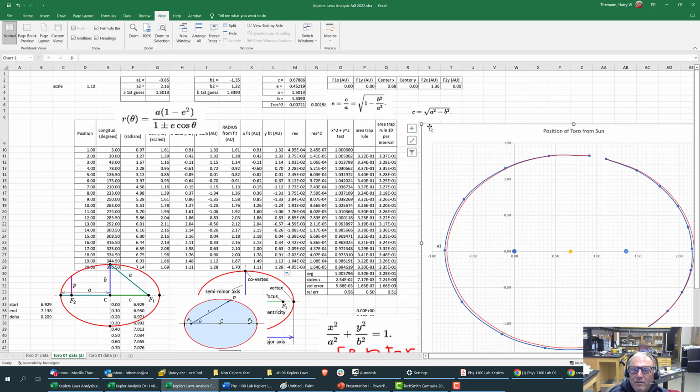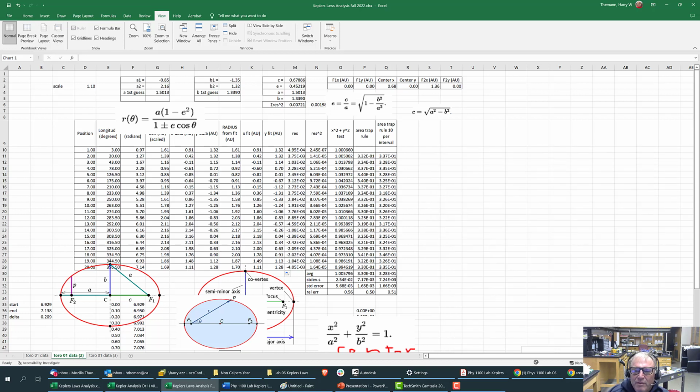Okay, so why don't we just make believe we don't have a graph? So we have our X and Y data, and that's it to plot that. We've done it on the previous page, of course.